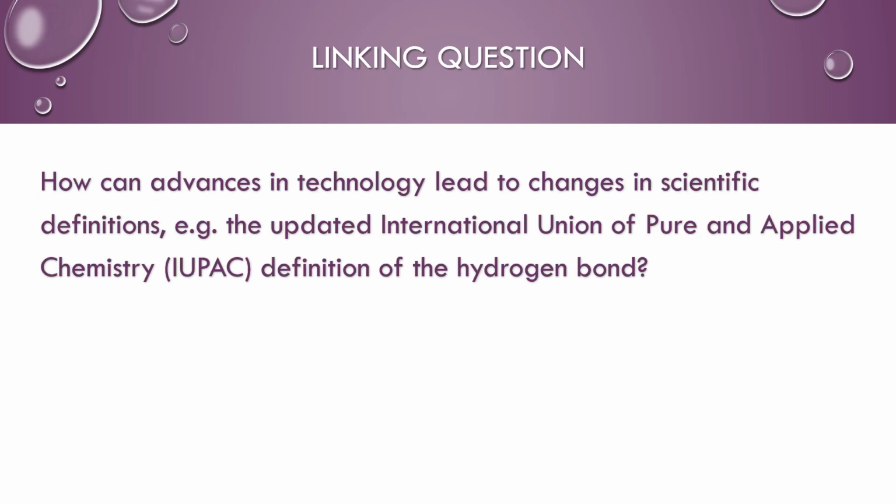This also links to a TOK concept. How can advances in technology lead to changes in scientific definitions? Like the IUPAC definition of the hydrogen bond. Basically, as we get more and better information, it makes sense for us to update our definitions.